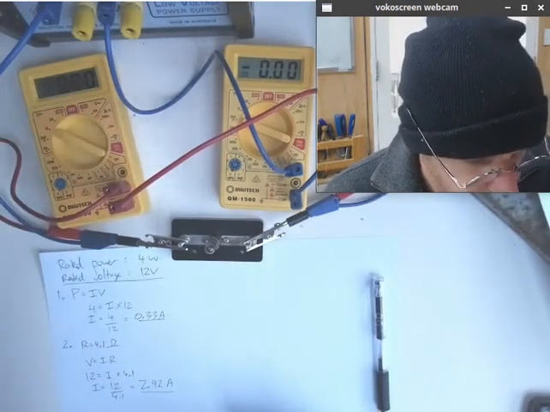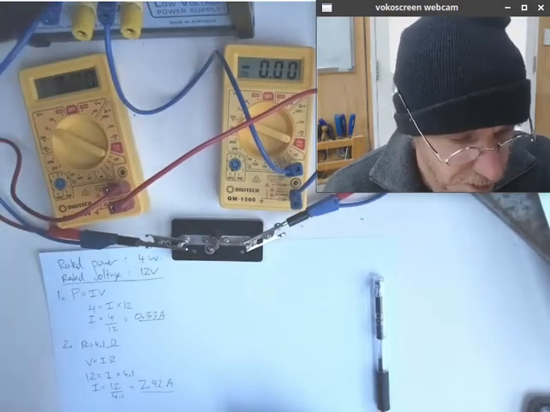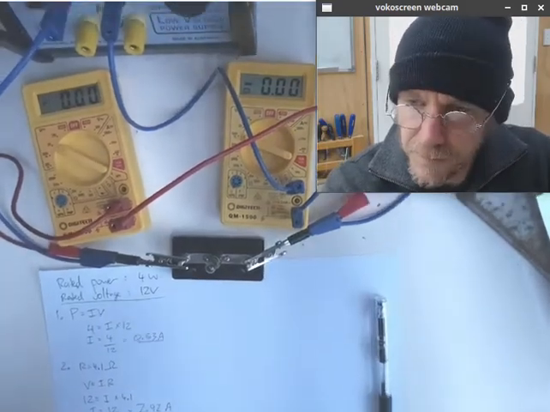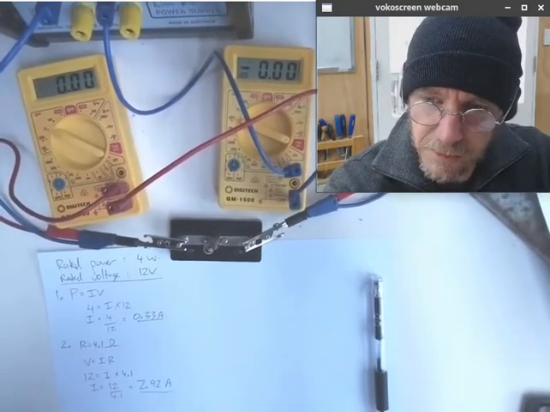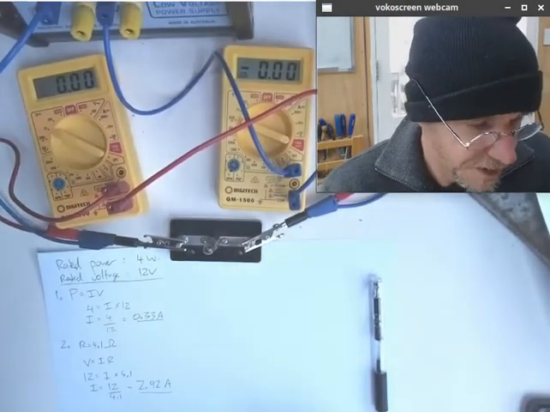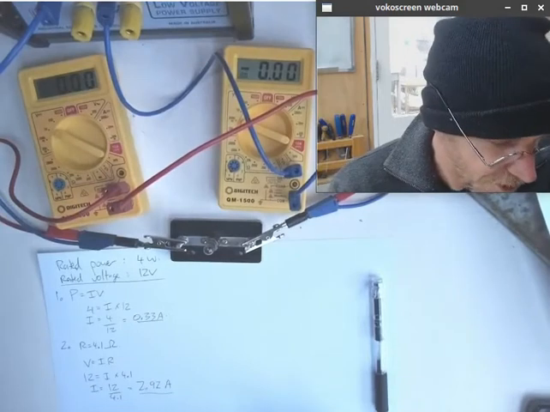And we've got our power supply here, which you can't quite see, is set on 12 volts. So we should get something like 12 volts. I think we'll get a little less because of the nature of this power supply not being up to much chop. So let's have a look.